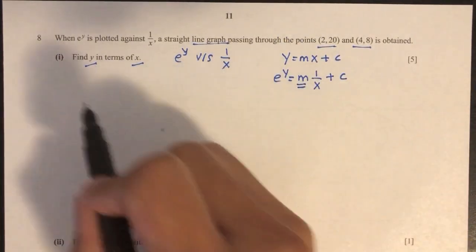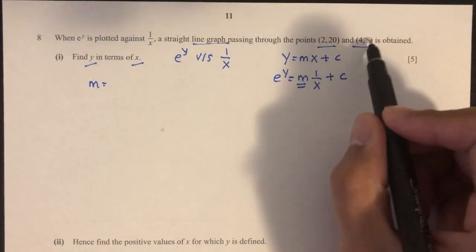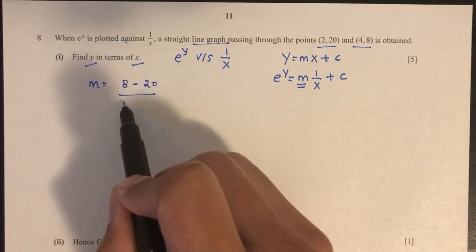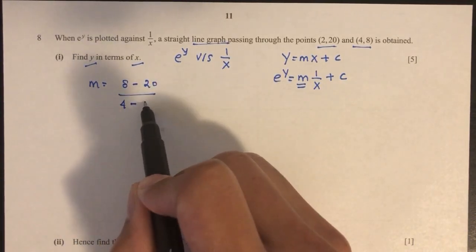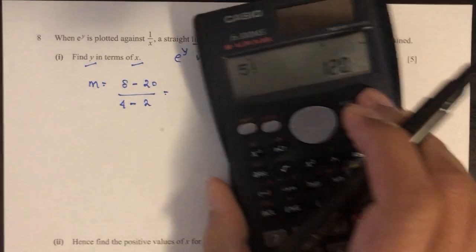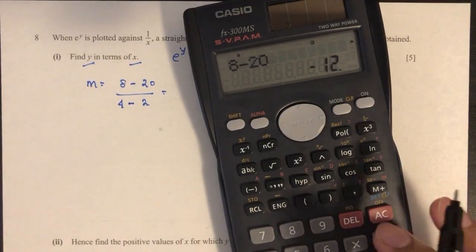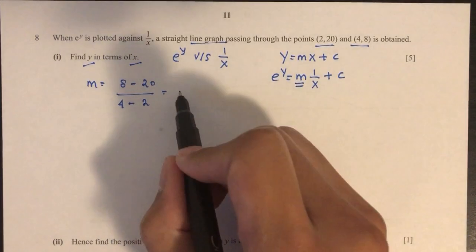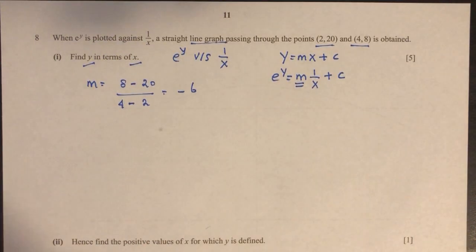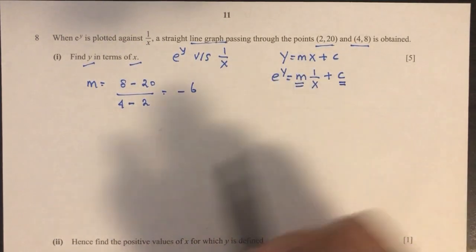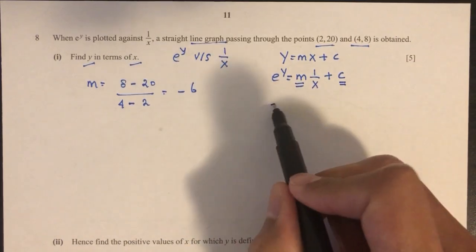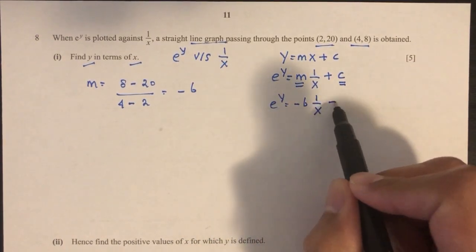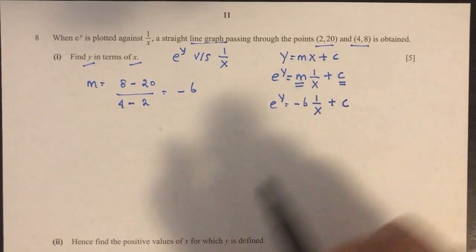In the same way, m will be y2 minus y1 divided by x2 minus x1. So 8 minus 20 divided by 4 minus 2. That will be minus 6. Now we have e^y equals minus 6 times 1 over x plus c. How do you find c?